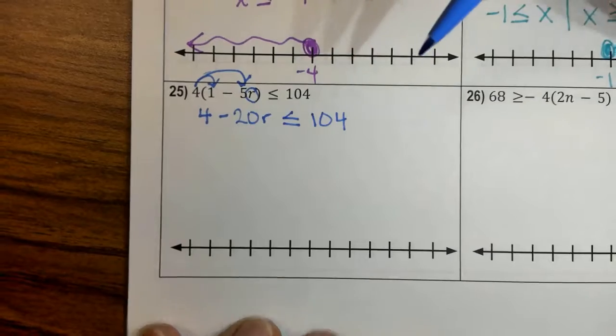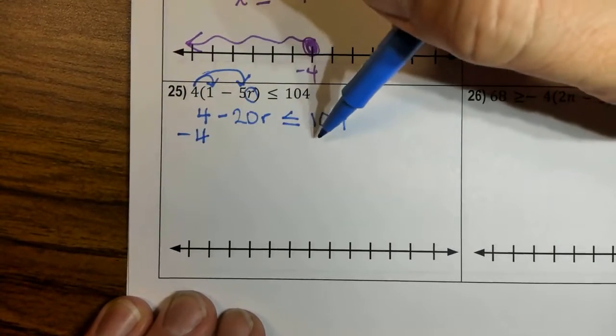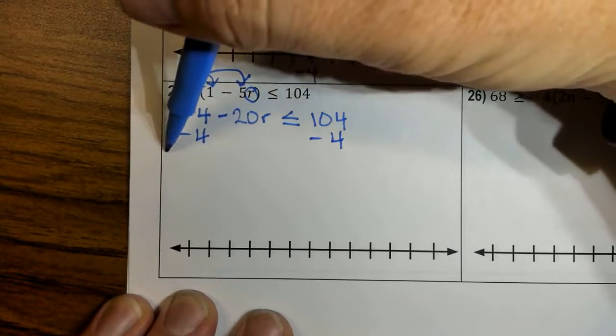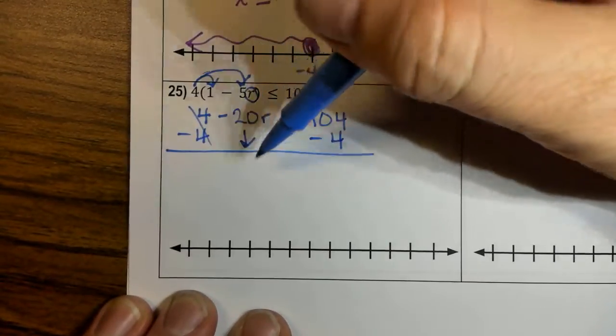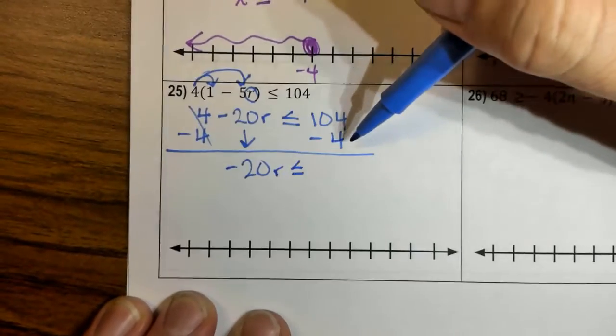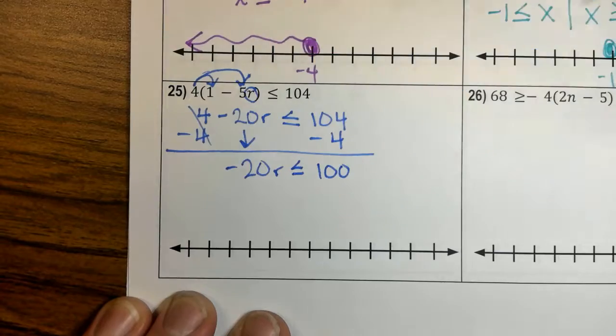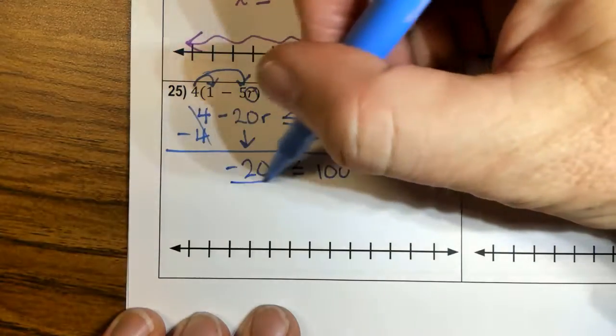Okay, from here, now it looks kind of normal from what we've been doing. So I want to get rid of the 4, so I subtract 4 because it's positive. I bring down my negative 20r, don't forget the negative. And then 104 minus 4 is 100. And then if you guessed divide, then you're right. I divide last.